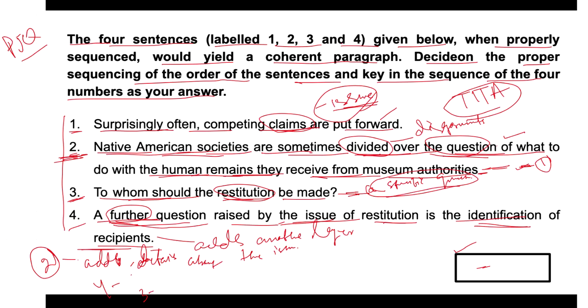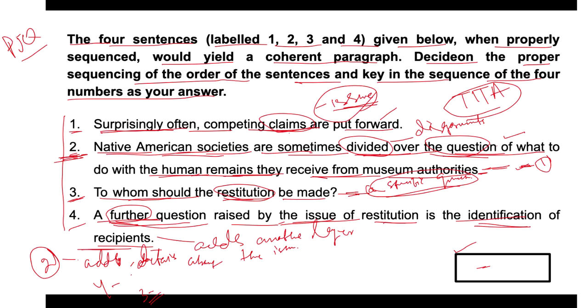So conclude with the complications. Sentence 1 highlights that surprisingly often competing claims are put forward, right? So sentence 1 highlights that there are often competing claims, which complicate the issue introduced in the previous sentences, right?